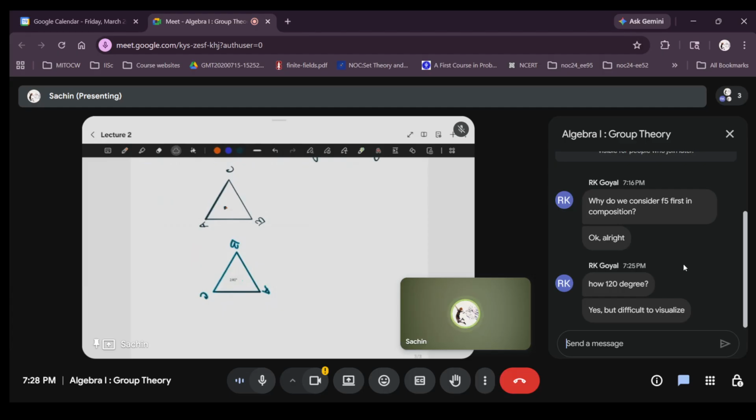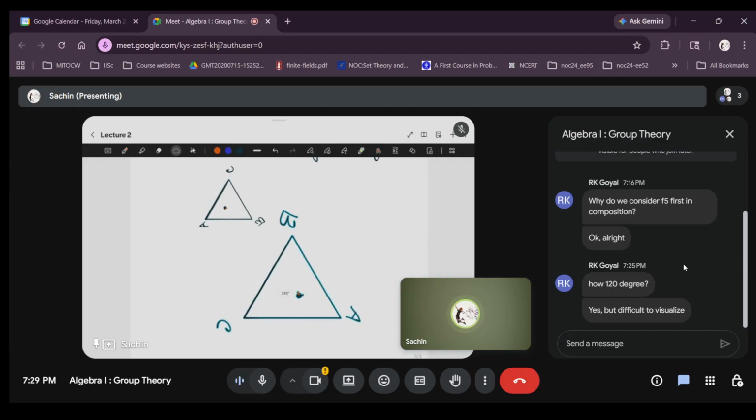It's showing a text. Is it visible? Yeah, here it's showing the angle that you are rotated by, right? It's showing 240 degrees.